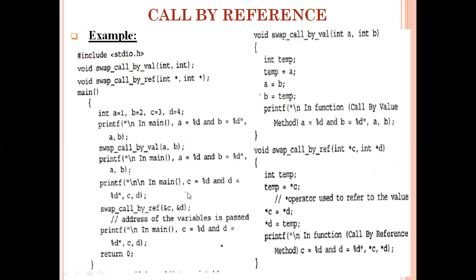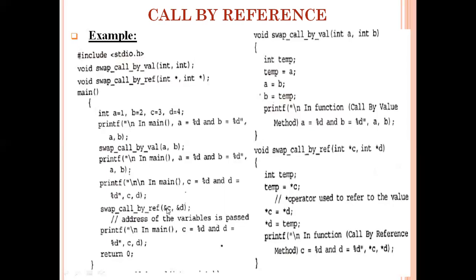Next we display inside the main function c value and d value, 3 and 4. Next we call the call by reference function, swap call by reference, and here instead of the values of the variables, the addresses of the variables are passed. That's why we have given &c and &d.